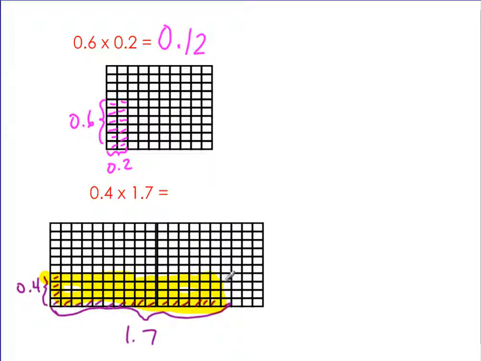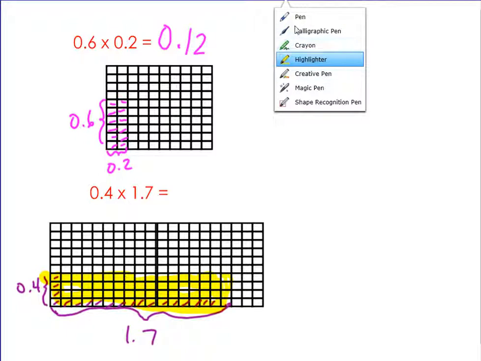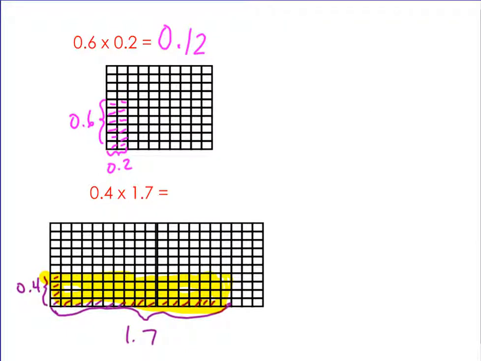So I need a little bit more here, 7/10. There we go. Now what I see is that 4/10 of this whole one is completely shaded. So that's 40 little squares out of 100, which is 40 hundredths. And then here I have 4 by 7, which is 28 squares.